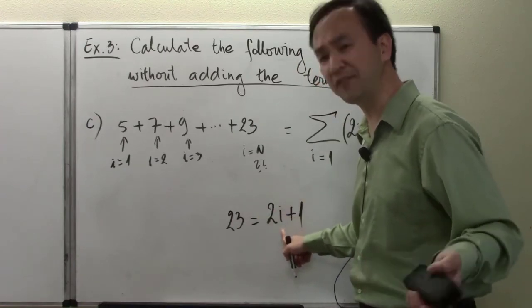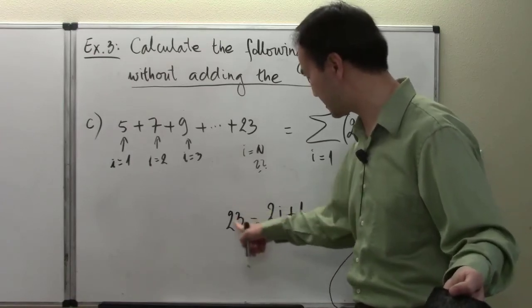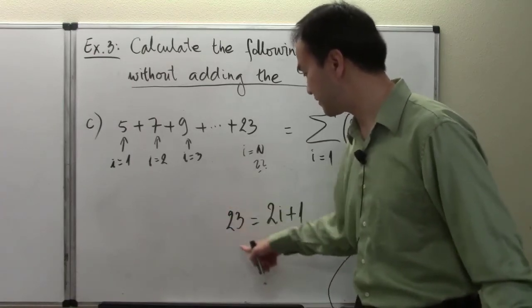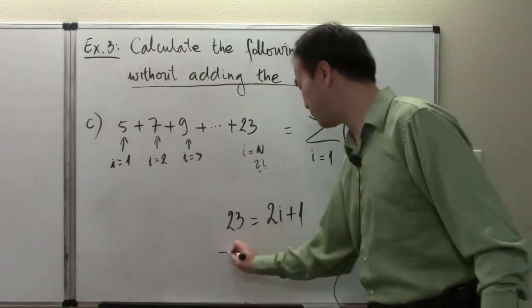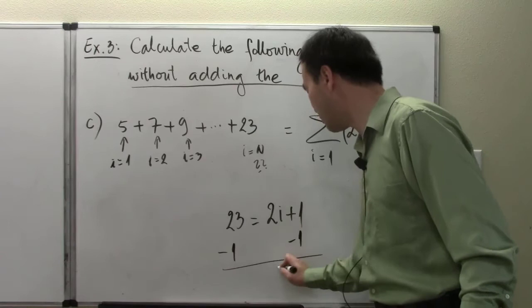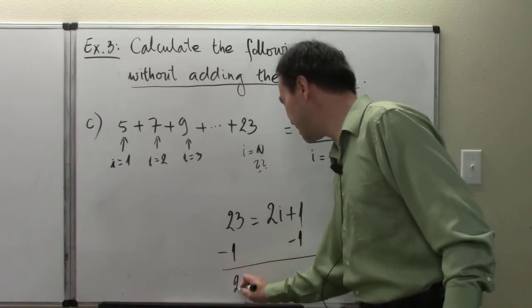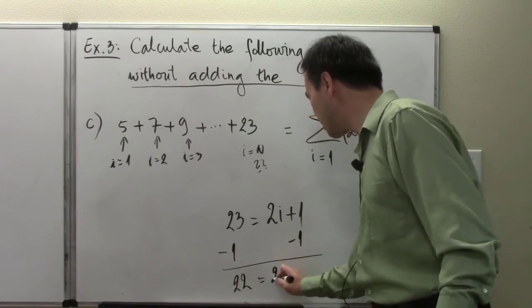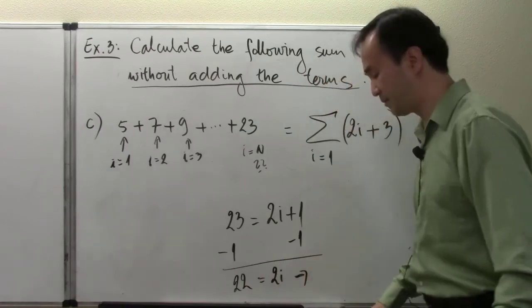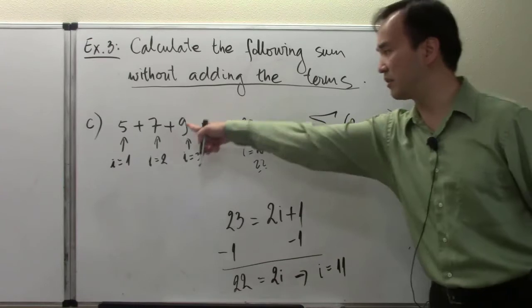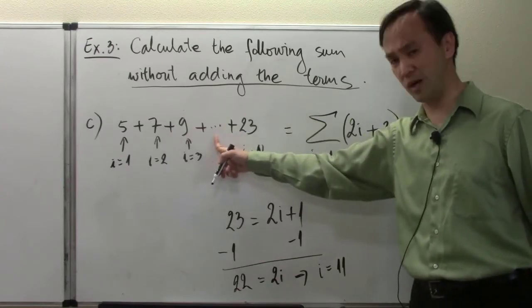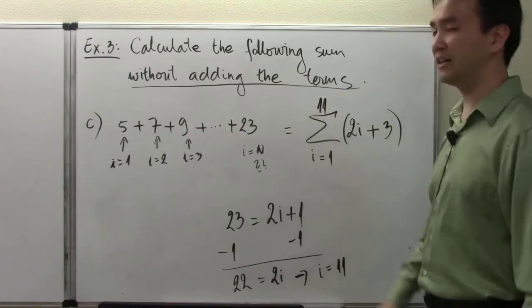At which i value do we get a term value of 23? It's a simple equation. Minus 3 both sides, giving me 20 equals 2i, so very quickly we can see that i has to equal 11. So this whole sum, including all of those hidden terms, is 11 terms.